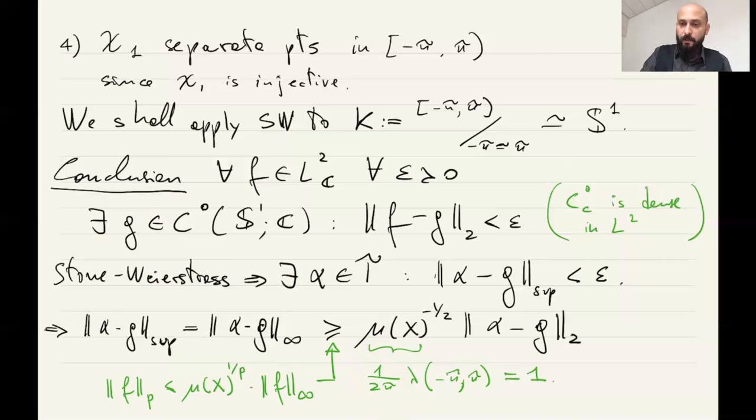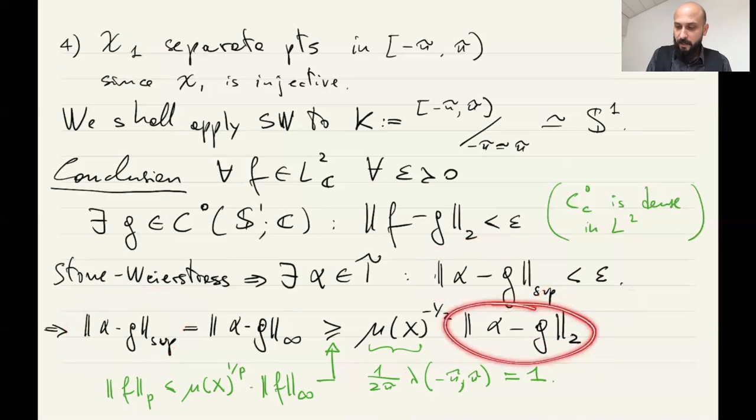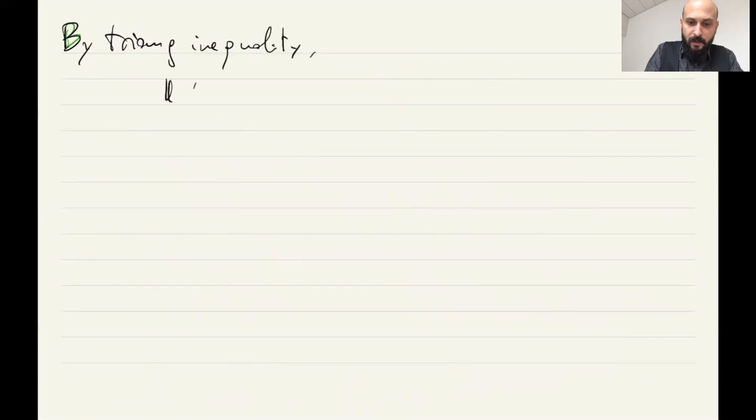So what we have is that the L2 norm of alpha minus g is bounded by epsilon, and the L2 norm of f minus g is bounded by epsilon. By the triangle inequality, we have that alpha minus f in the L2 norm is less than 2 epsilon.